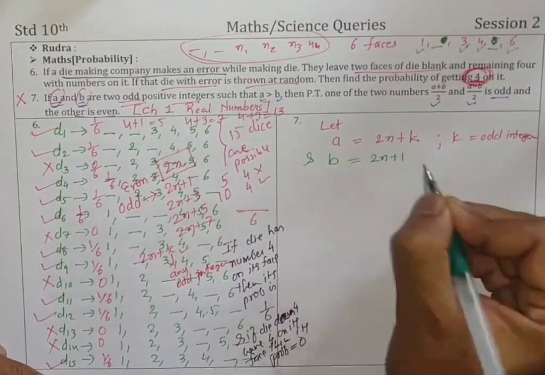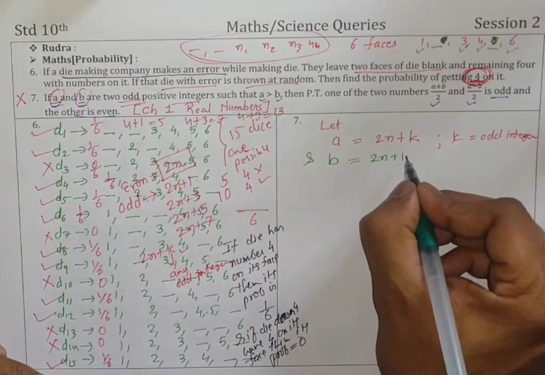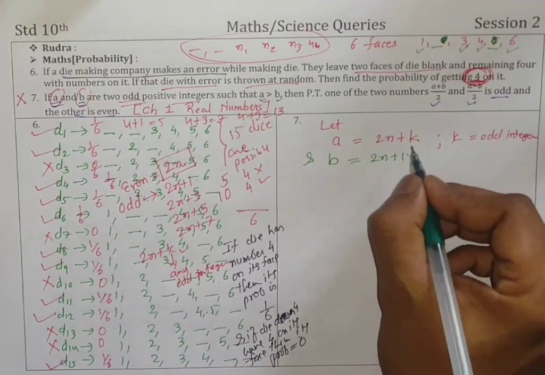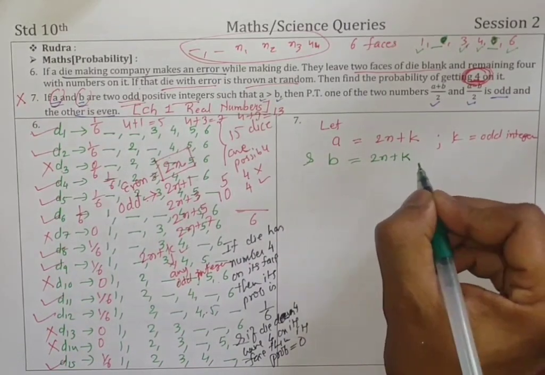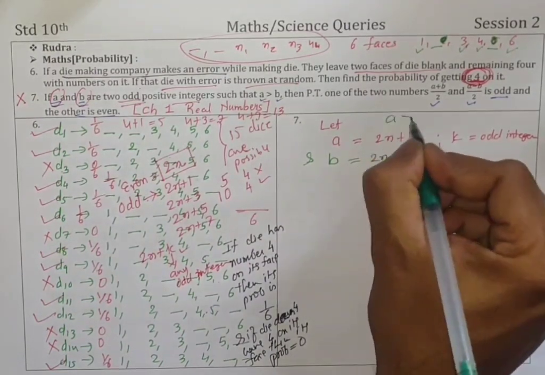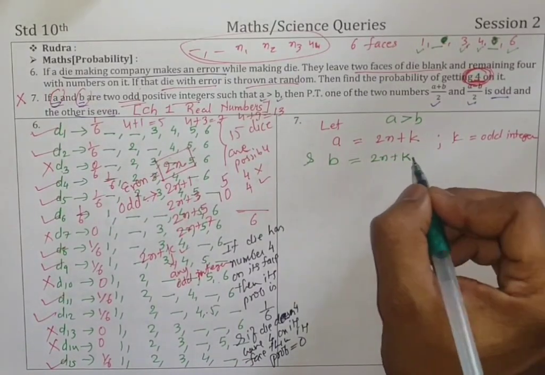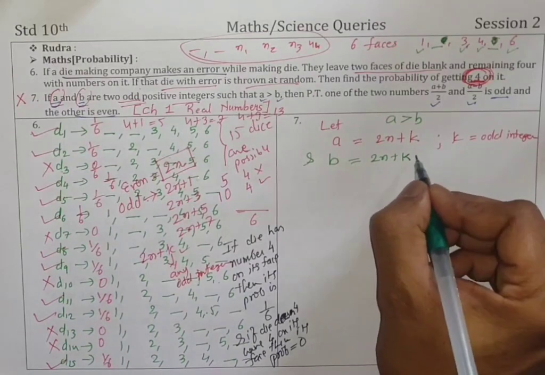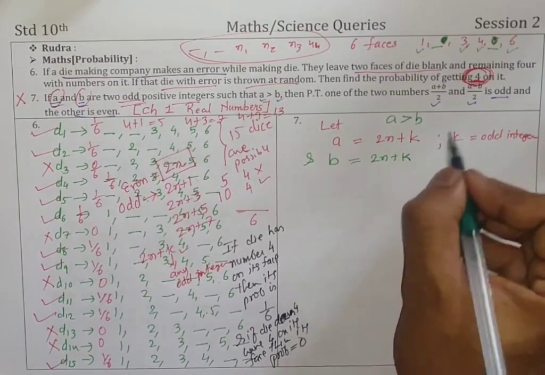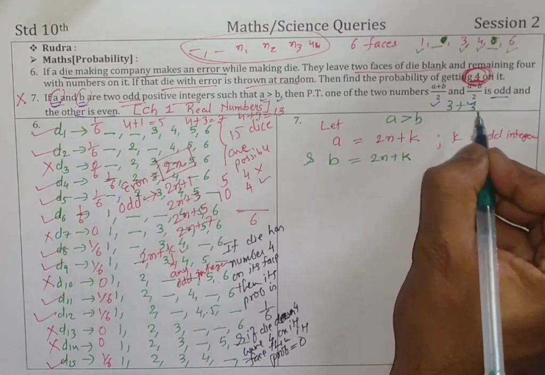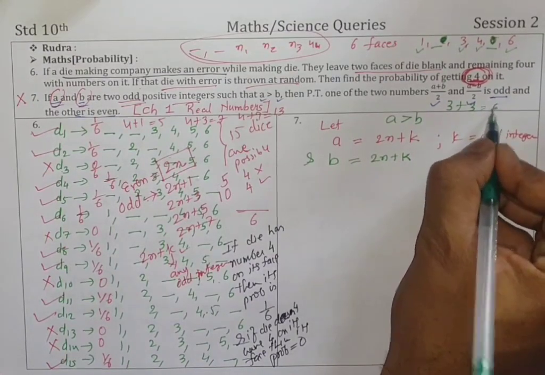Now, and B is 2n plus, children, what should I do? Here also I need odd. I'll write k. But these are equal. A has to be greater than B. All right. A has to be greater than B. So I'm writing here, this should be odd. Odd number 3, if you add an odd number, it will become even.